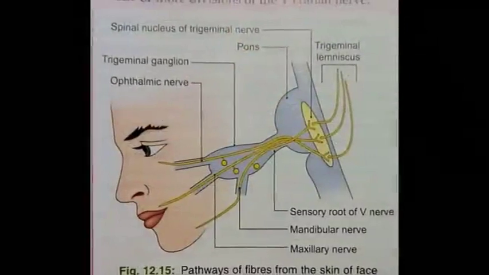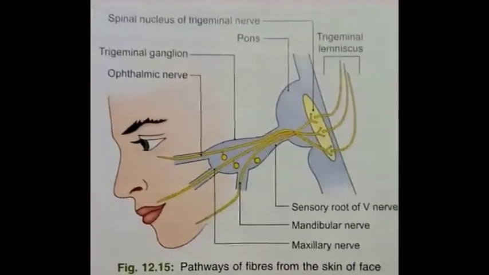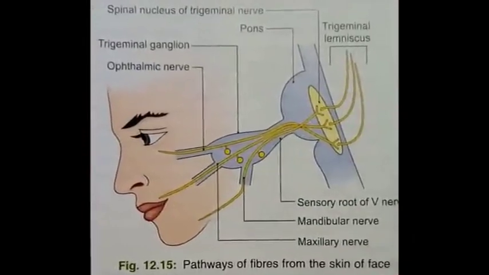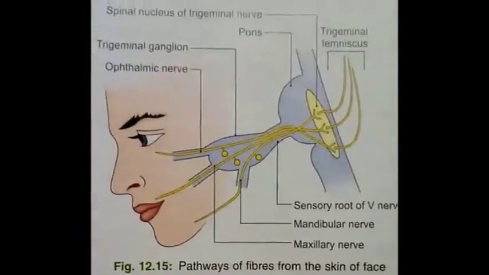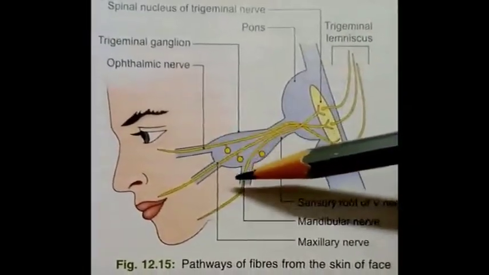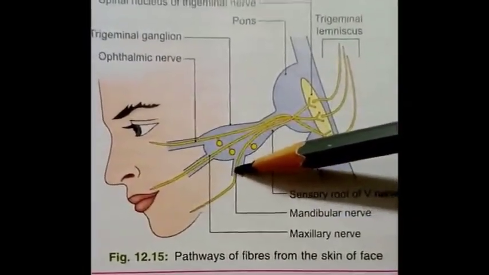Applied anatomy related to trigeminal ganglion. First of all, trigeminal neuralgia. In trigeminal neuralgia, pain is felt along the distribution of these branches of the trigeminal nerve.